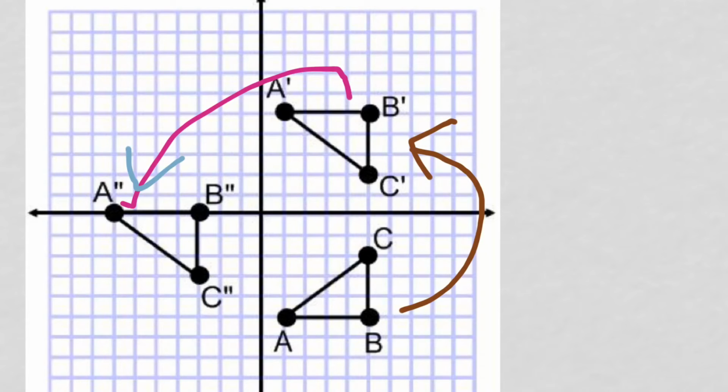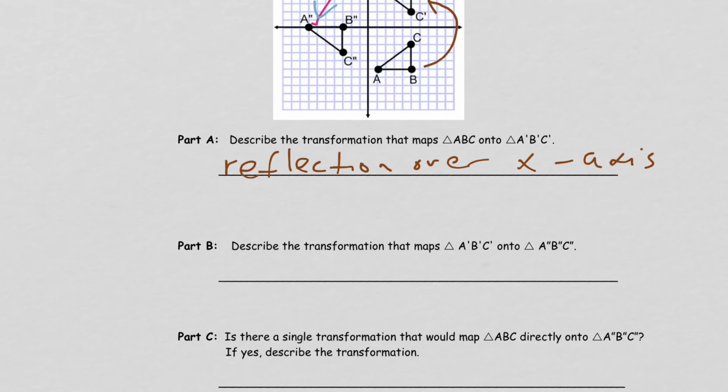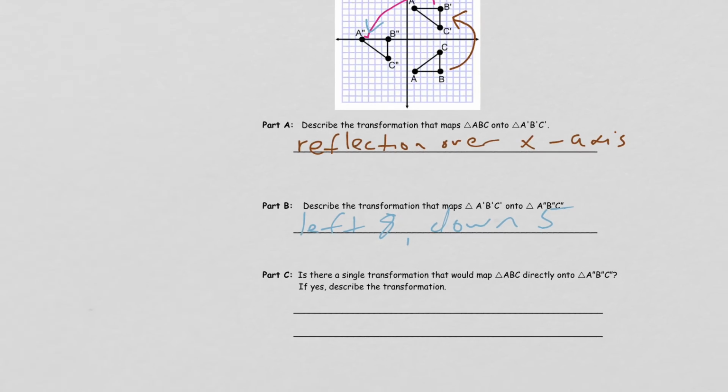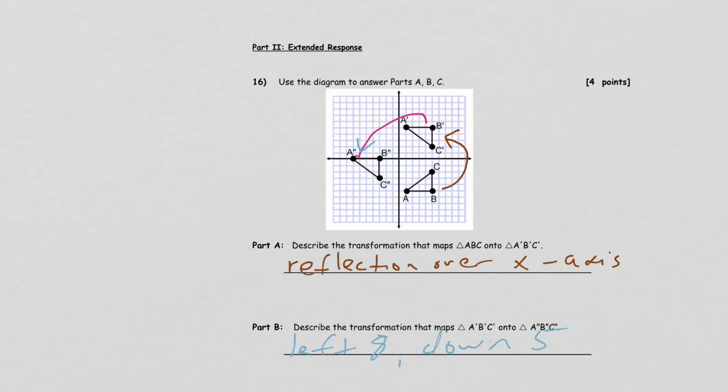So it's left 8 and 5 down. So that's the transformation there. I can write that in. And is there a single transformation that would map triangle ABC directly onto triangle ABC double prime? There is not. Nothing's going to do that.